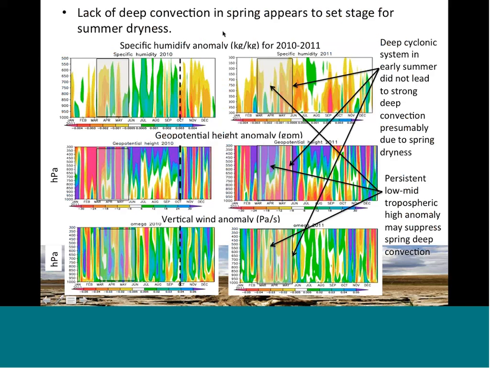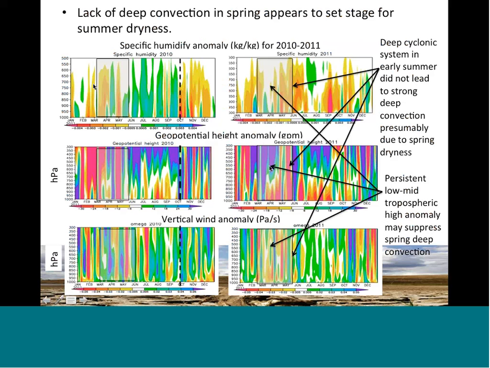So how does soil moisture anomaly or land surface anomaly contribute to influencing the large-scale circulation anomaly? To explore this question, here we look at the domain averaged specific humidity at the top, the geopotential height anomaly in the middle panel, and the vertical velocity in the bottom panel.